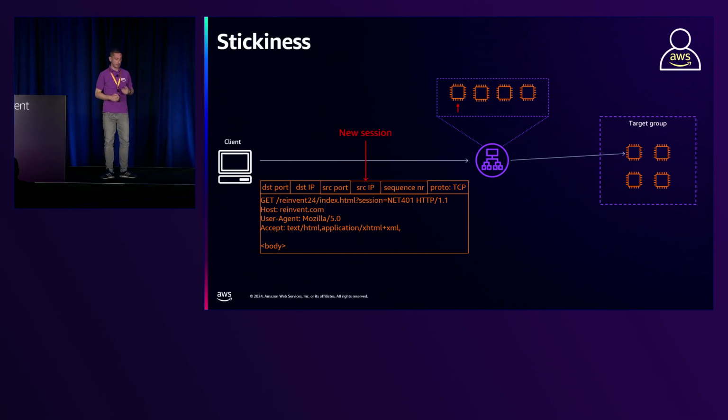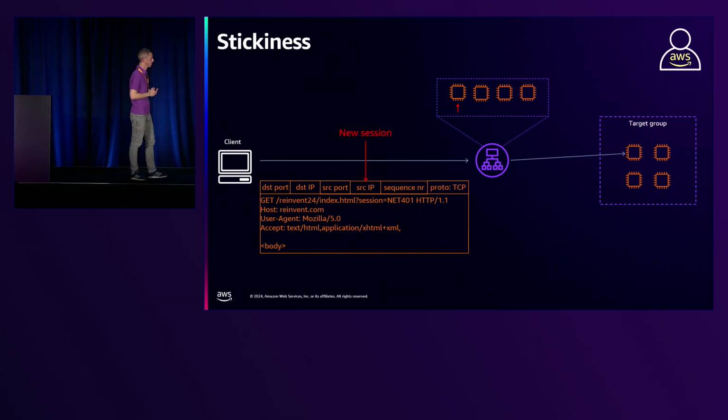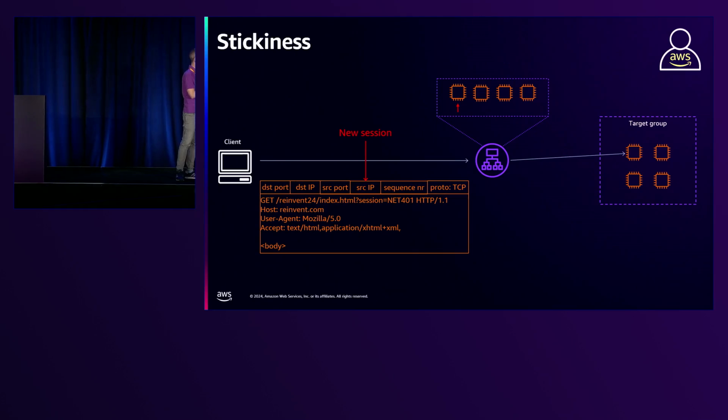What I shared regarding the ability to select a target for each HTTP request is true as long as session stickiness is not enabled on the ELB. Stickiness is the functionality of a load balancer to repeatedly route traffic belonging to the same client session to the same target behind. This means that when a new request arrives at an ELB with stickiness enabled, if the request is for a new session, then the ELB is going to perform the target selection.